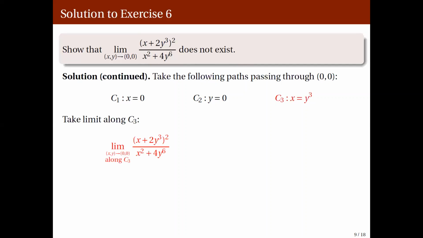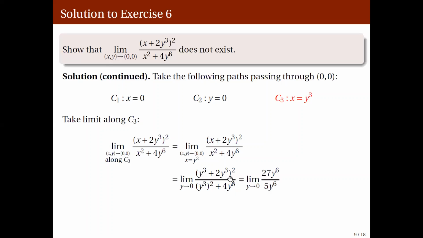the limit along C3 will be this one. Let's replace the x's by the y cubed so that we have a limit y going to 0 of this one. And let's simplify to get this, which when the y to the 6's go away is pretty different from 1, no?